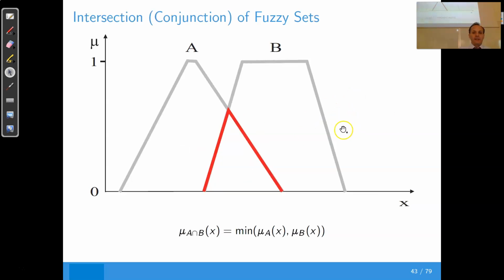Well, the intersection is something that can have different definitions. The most used one is the minimum.